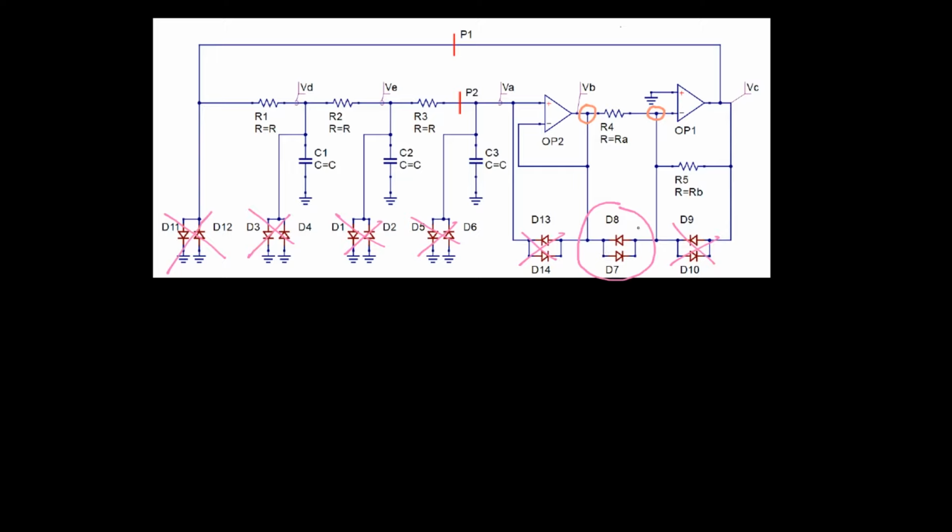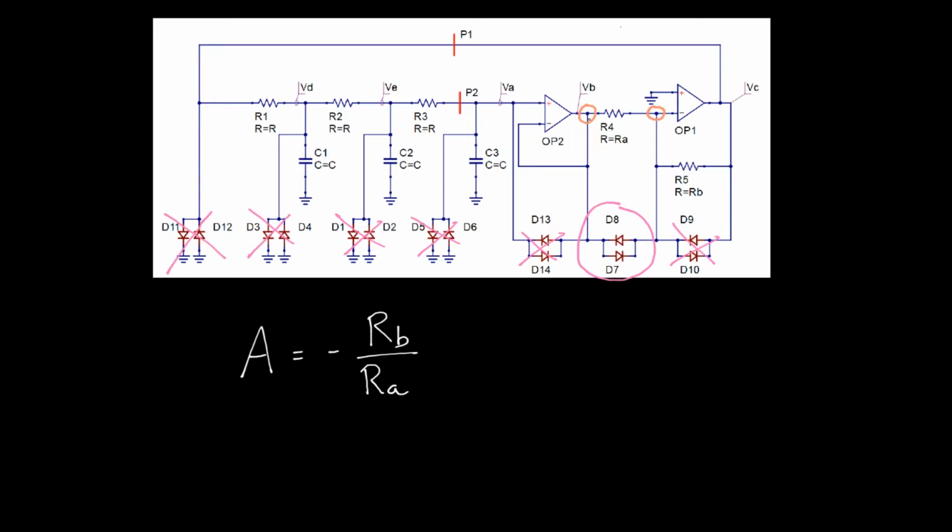But what effect will a conducting diode have on the amplification factor of this amplifier? Well, the amplification factor of the amplifier is negative RB over RA, where RB is the feedback resistor, so that's the resistor between the output and the negative terminal, and RA is the resistor between the input and that negative terminal.